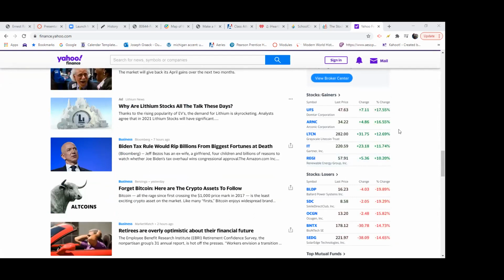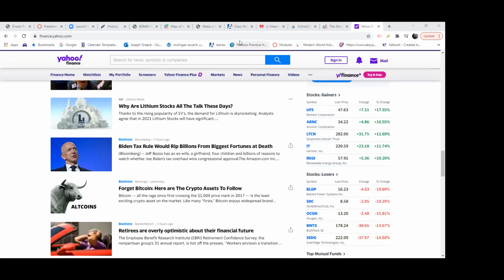So there are some big gainers, right, along the technology and investment side here. Right there, you can see you've got some gainers. Big losers: power systems, bio and tech is down, solar energy is down.